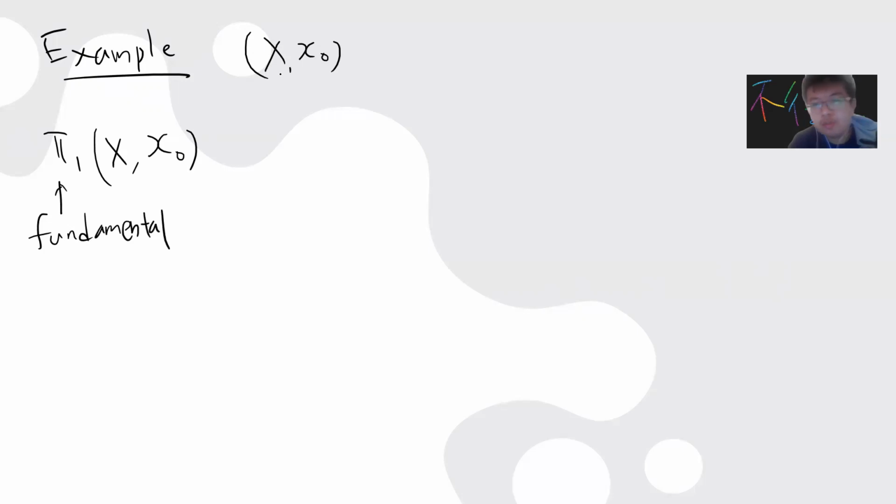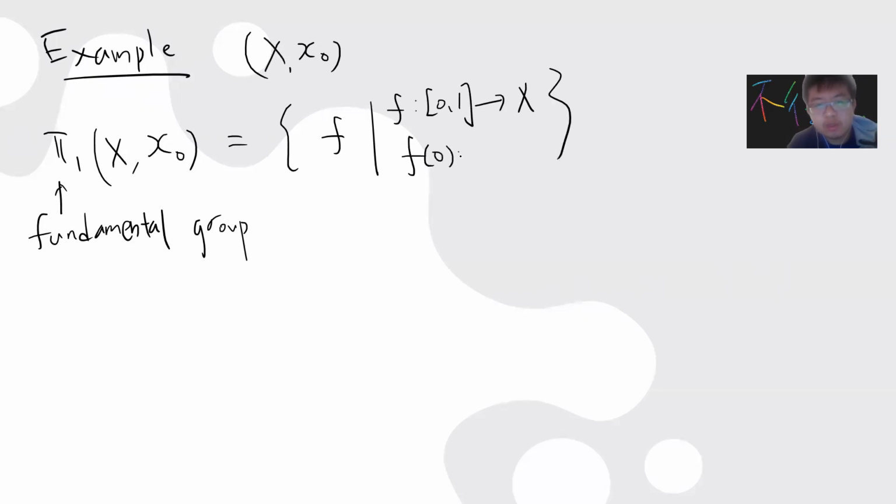It doesn't need to be a manifold, right? X can be any topological space. The definition is basically all continuous maps f from the unit interval [0,1] to X such that f(0) and f(1) are both x0. So these are all the paths from x0 to x0.